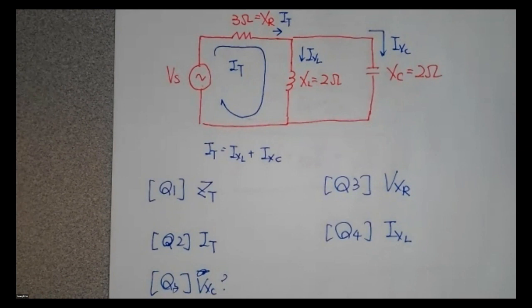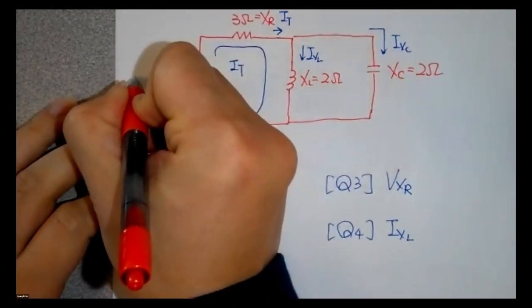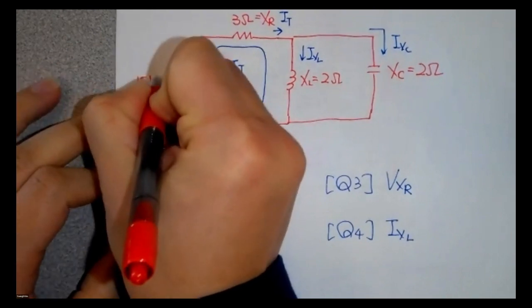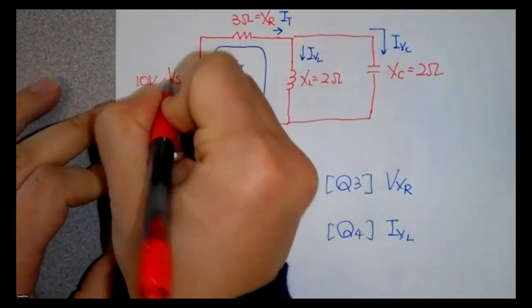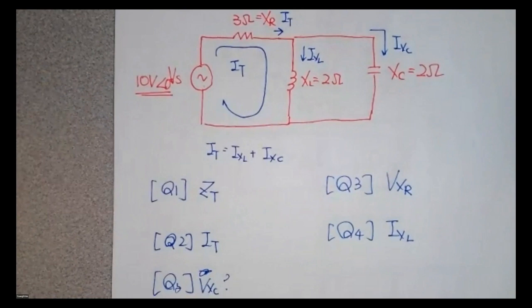What's our source voltage? Oh, I'm sorry about that. The source voltage is 10 volt, angle 0.